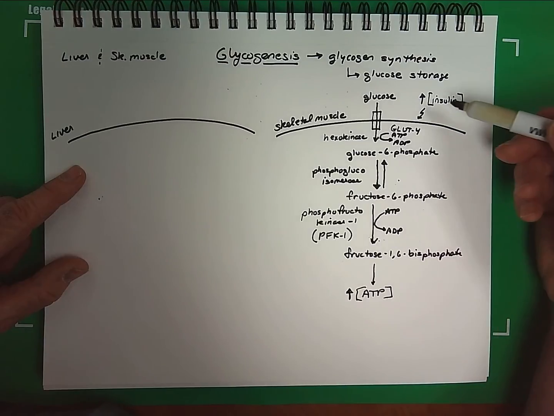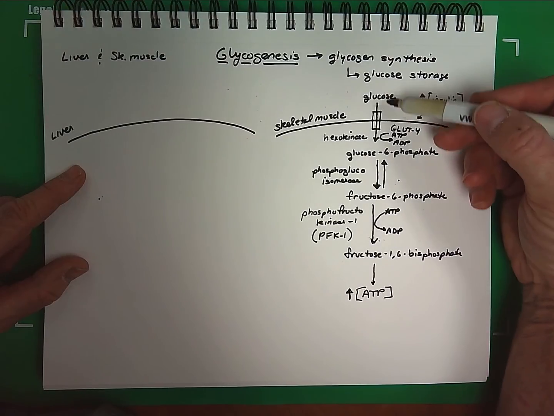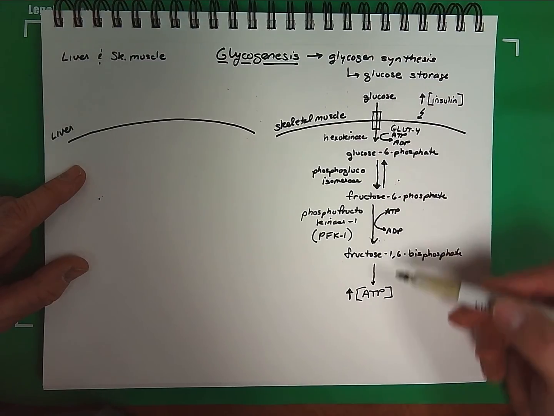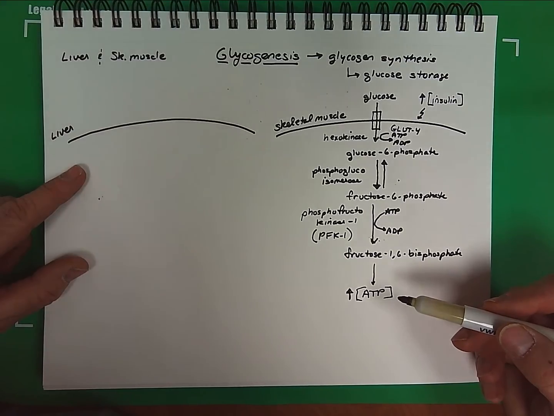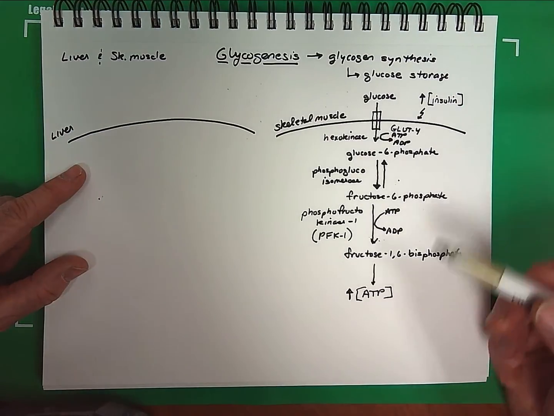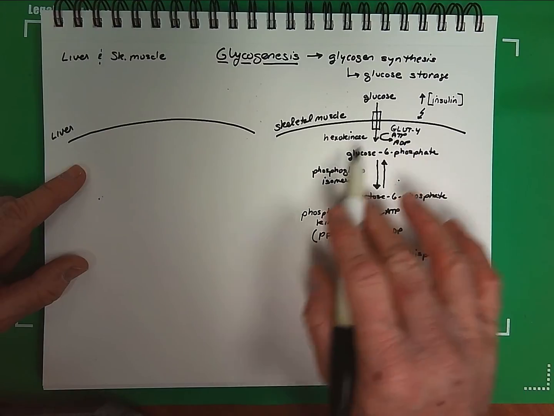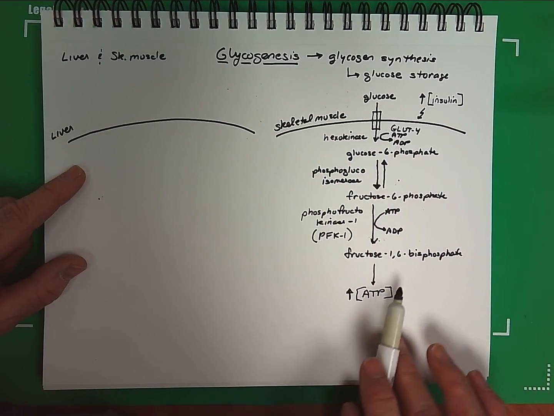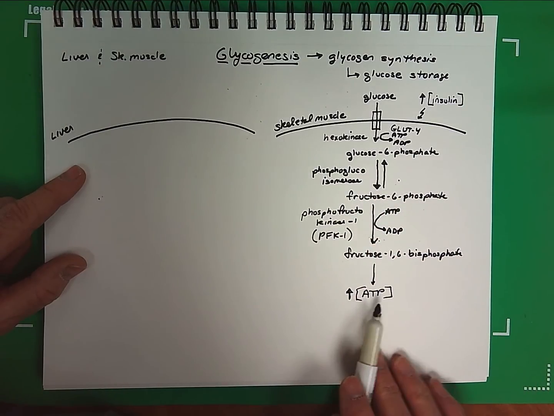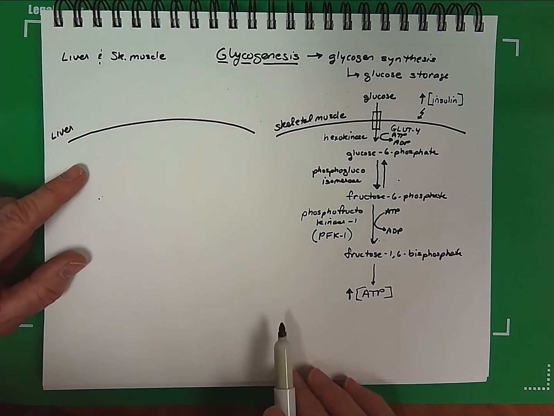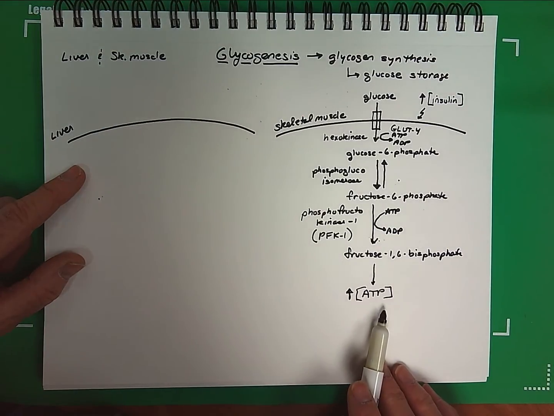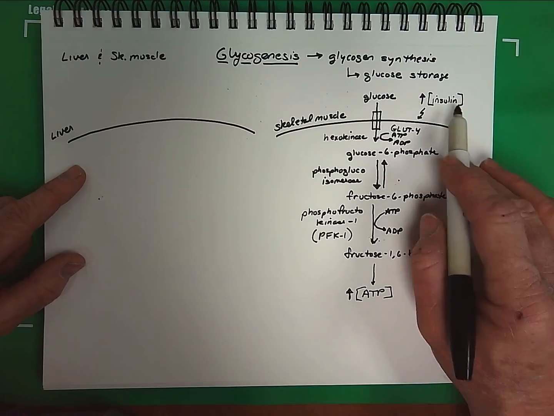Now in the fed state, with insulin stimulation, we have a lot of glucose coming into the muscle cell. What this is going to indicate is that we are having a lot of substrate for generating ATP. So our ATP concentrations under these levels will be very, very high in the fed state.